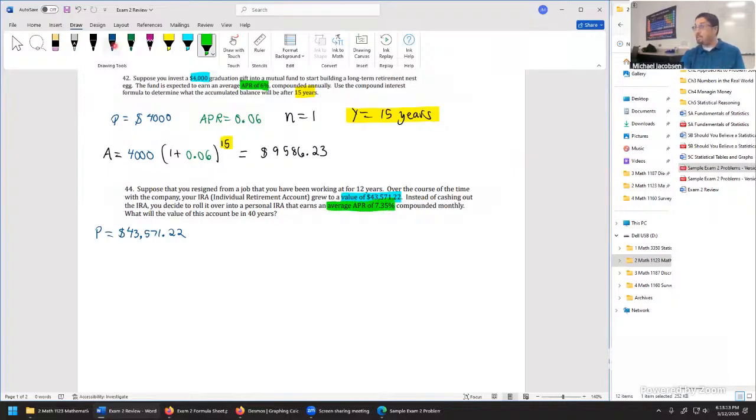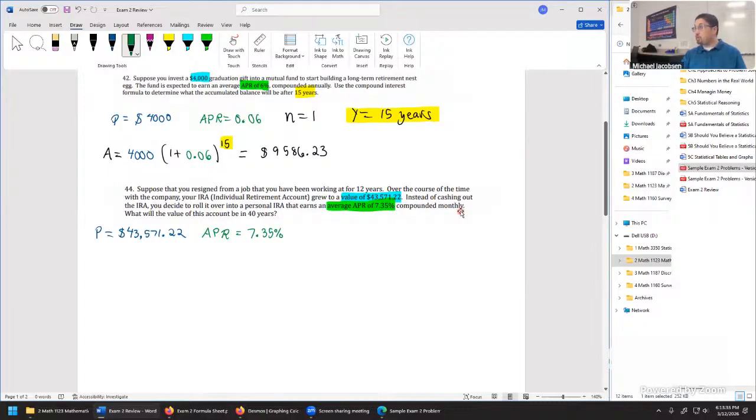So pretty big assumption there, but we'll go with it for the sake of the problem. Assume the average percent return on this is going to be 7.35%. So that's the interest rate on the account. And we're hoping that that stays constant for 40 years.